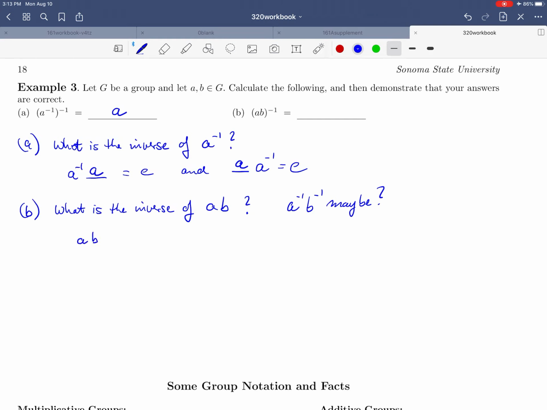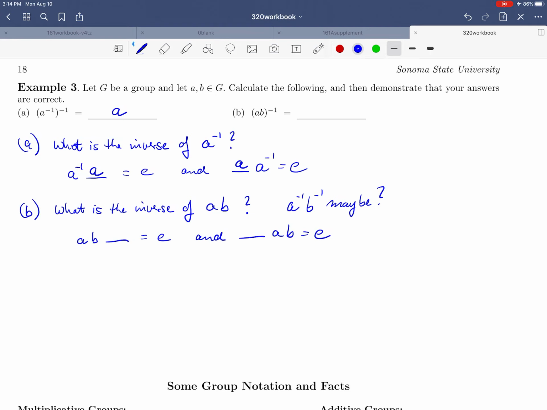It's something that when we take AB and then multiply by it gives us the identity, and also the same thing from the other side. So what would I have to stick in there to get the identity back?